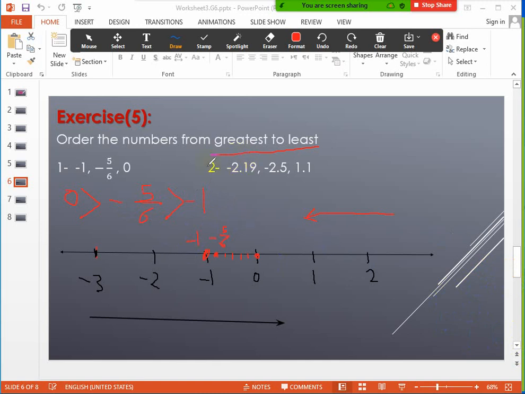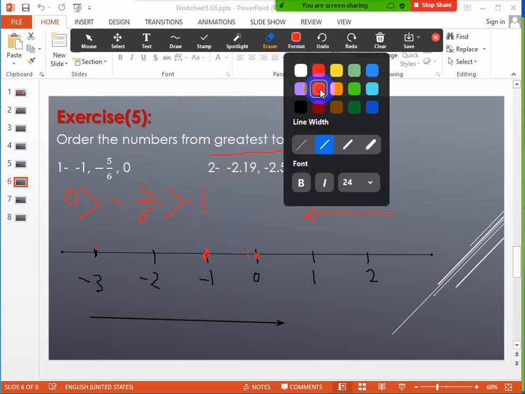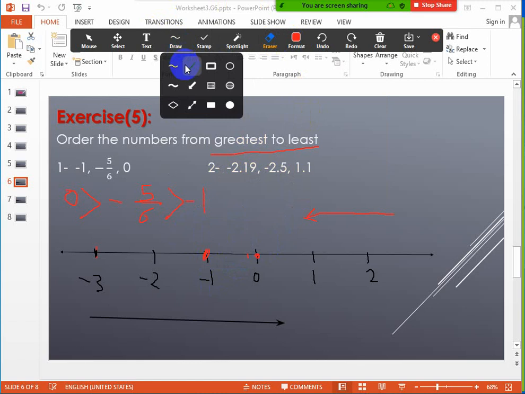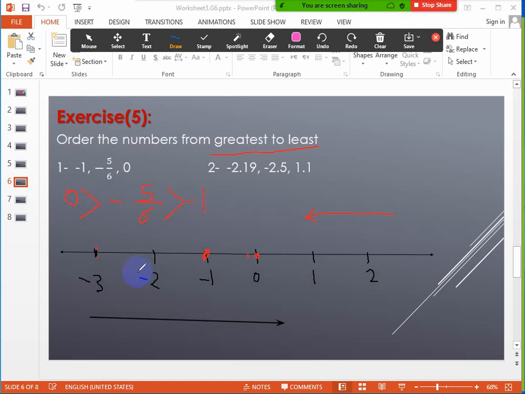Now, number 2, negative 2.19, negative 2.5, 1.1. Also, I will locate the numbers on the number line. First thing, negative 2.19. It will be between negative 2 and negative 3.